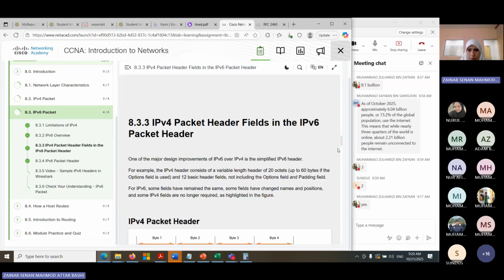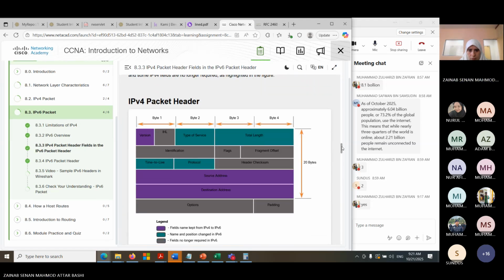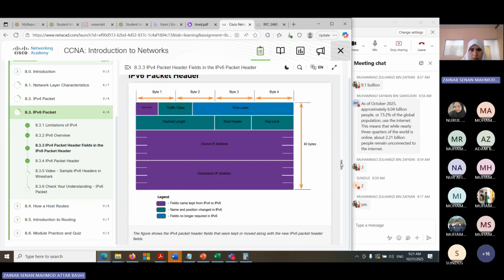So if you check the header of IPv6, much fewer fields. Okay, so where's the IPv4? Is this one? This is the IPv6. Few of them, very straightforward, reducing the processing time inside the router and the switch. Now that's the main idea. Three things were changed: the header, the number of bits for the IP address, and the NAT, no private IP address.